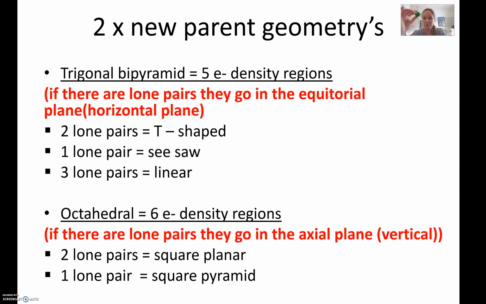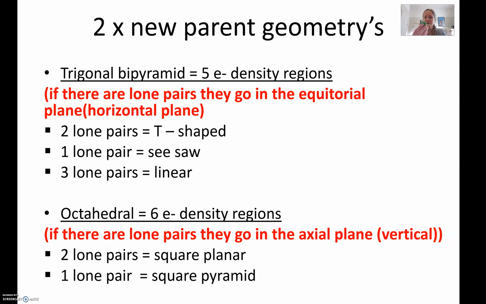So here, if all of them are bonded, we have octahedral, and then if we have 1 lone pair, to take 1 off, this is actually called a square-based pyramid, because if you put faces on this, it would be a pyramid with a square bottom. Square-based pyramid, and you need to learn that.